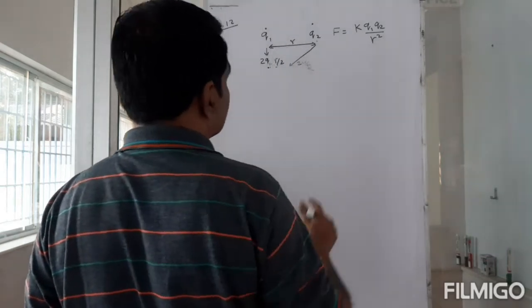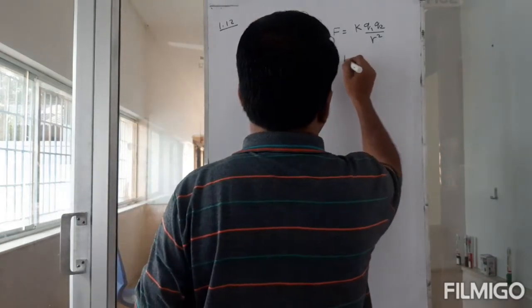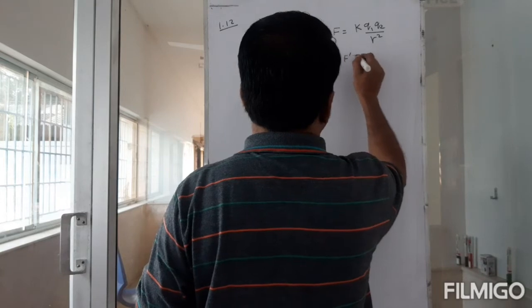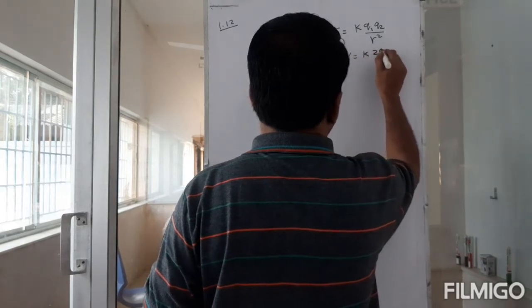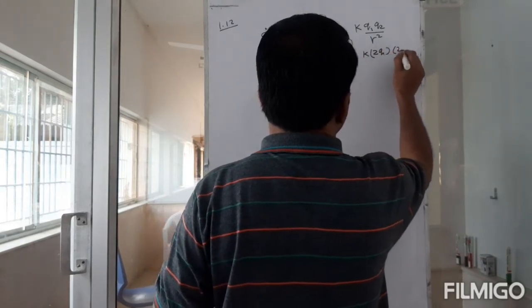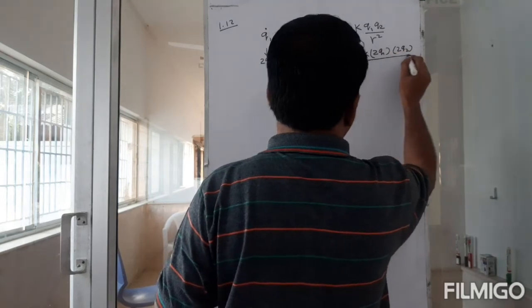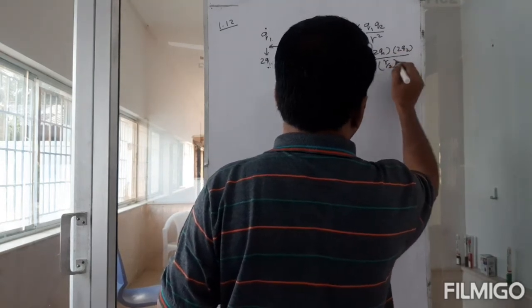So what is going to happen now? The new force, F dashed, is equal to K times 2 Q1 and 2 Q2, divided by R by 2 the whole square.